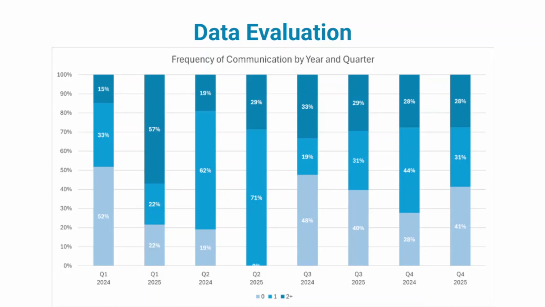The light blue values represent the percent of 0 communications by students. The middle blue is 1 communication by students, and the darker blue up at the top is 2 or more communications by students.